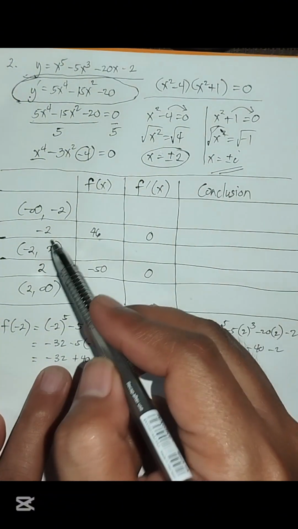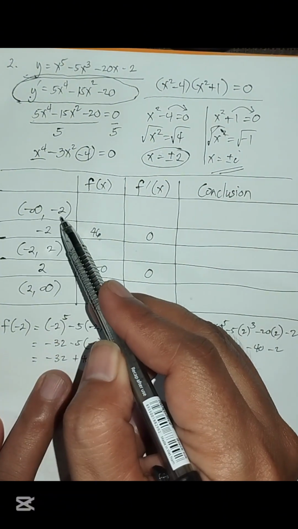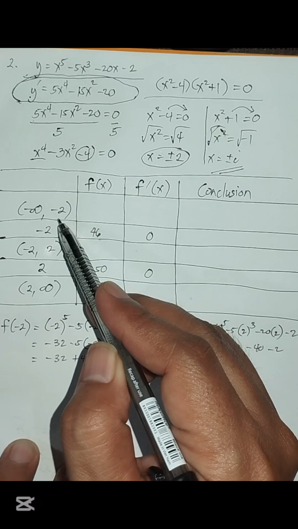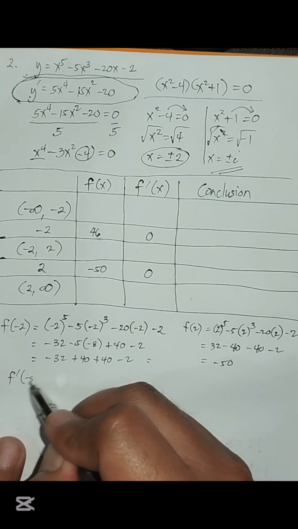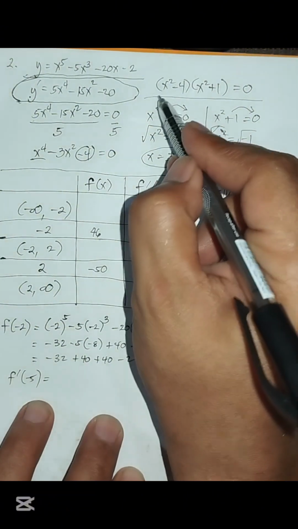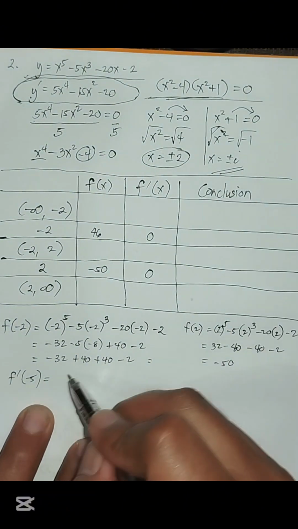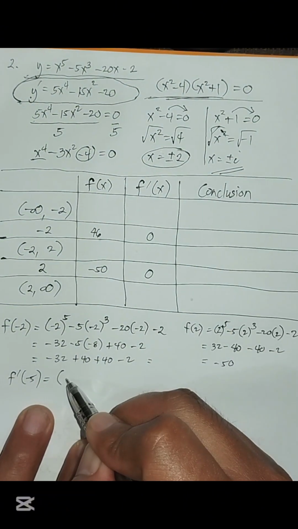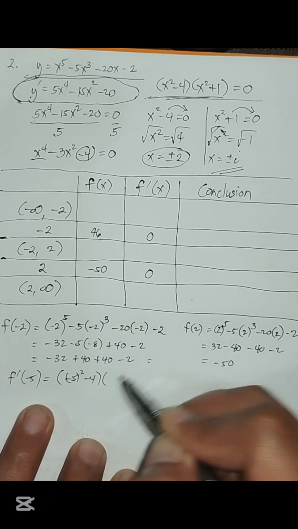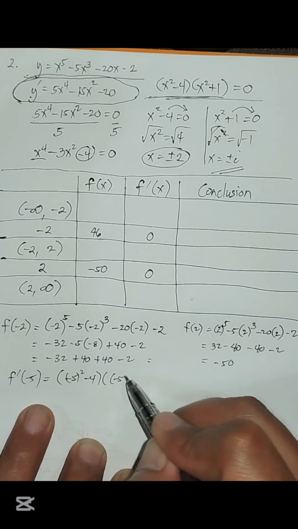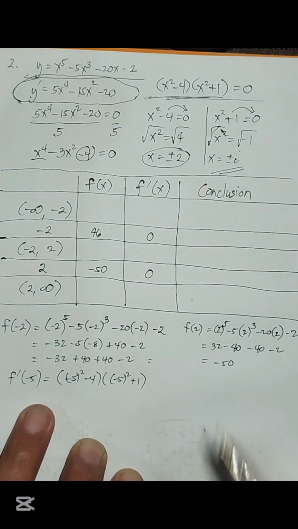So choose a number in this interval, negative infinity up to negative 2. Let's choose negative 5. So we have f prime of negative 5, using the factored form. We have negative 5 squared minus 4, and then negative 5 squared plus 1.